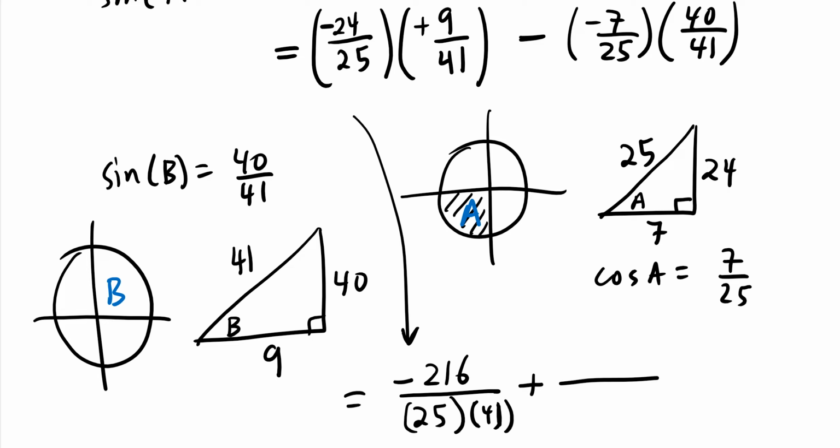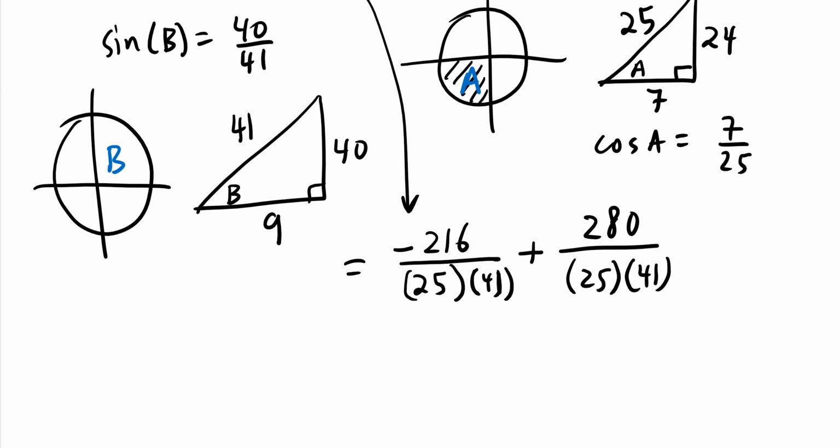Minus minus is plus 7 times 40, 280, over 25 times 41. Now the denominators are the same. If you multiply the denominator, 25 by 41 is 1025. And now we can combine the numerators. That's 64. So it's 64 over 1025.